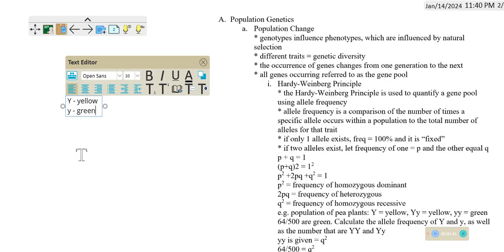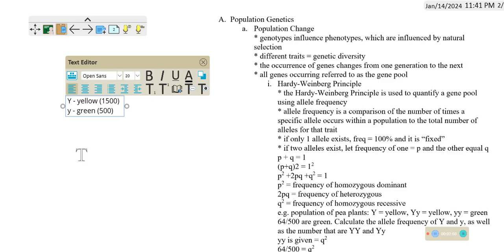So if we were to look at all of the alleles in a population and found that in a population of, and picking nice numbers here, 1,000 pea plants, we have 1,500 yellow alleles, and we have 500 green alleles.